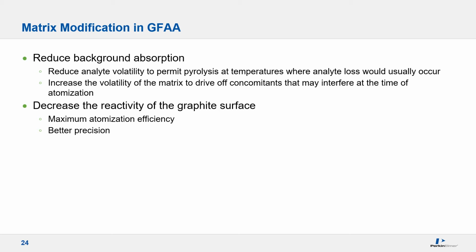Modifiers can perform other functions such as matrix equalization, particularly when magnesium nitrate is used by itself, or to increase the volatility of the sample matrix, such as the use of ammonium nitrate in a sodium chloride solution. However, since the overwhelming majority of the time the modifier is acting as a thermal stabilizer, we're going to focus on that primarily.